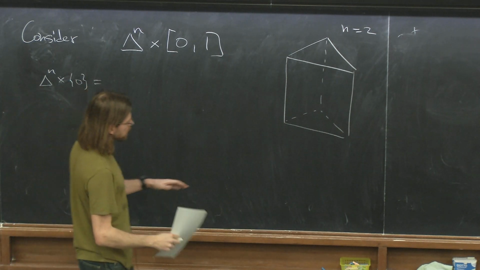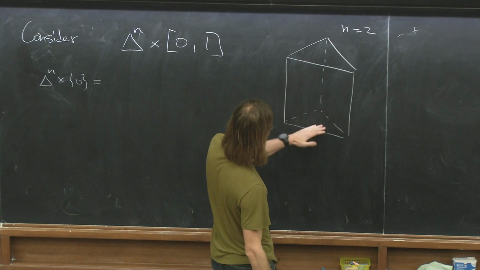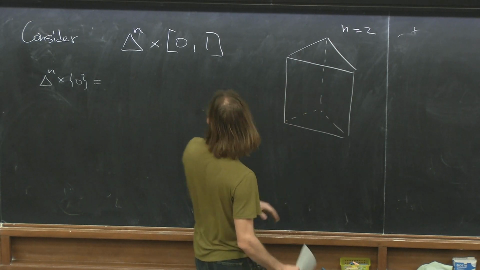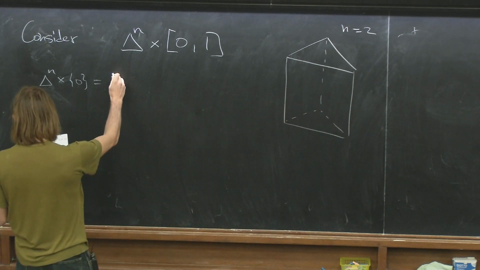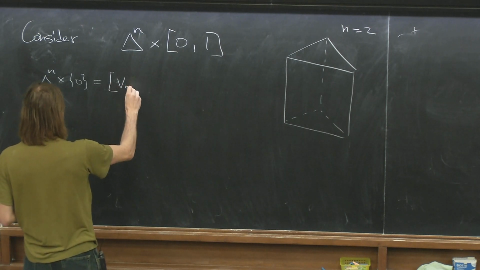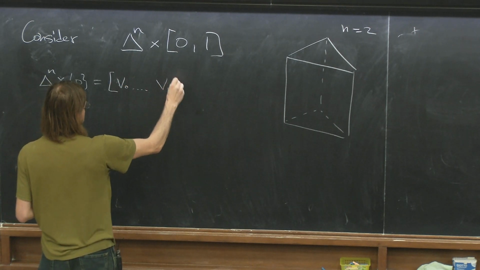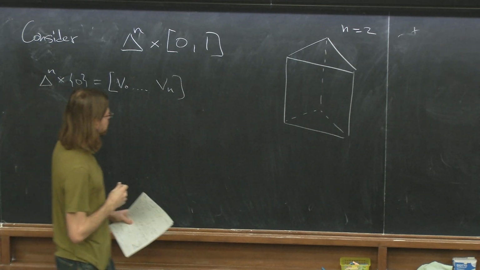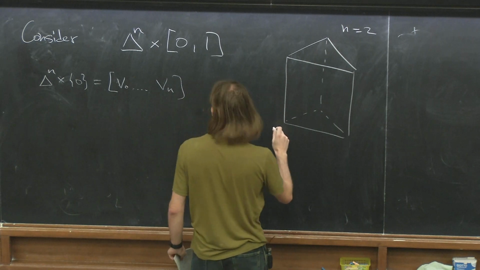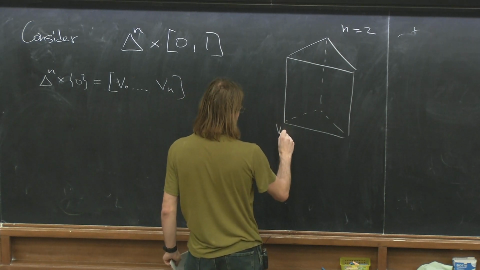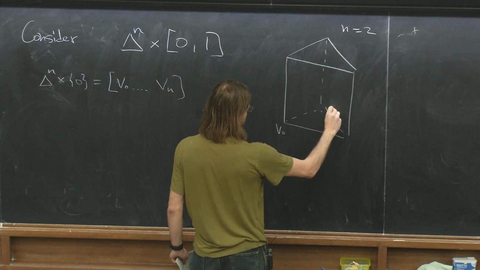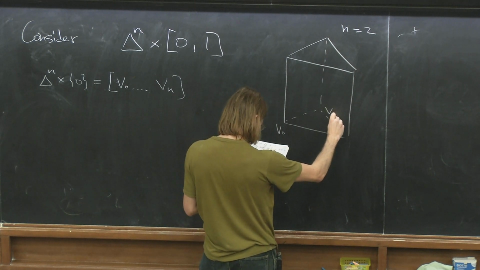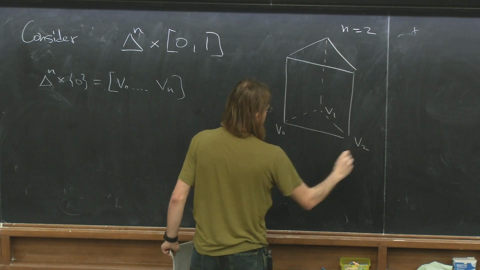We want to distinguish the simplex at the bottom and the top, and we will do this by choosing a different notation for the corresponding vertices. At the bottom, we will choose vertices labeled V0, V1, and so on. So in this example, this will be V0, V1, V2.